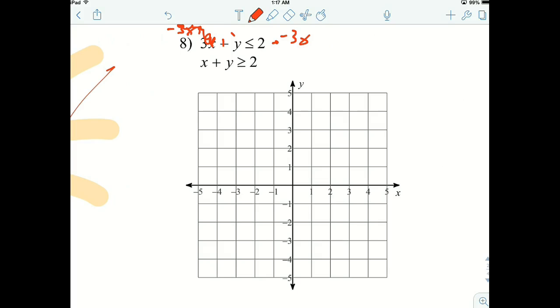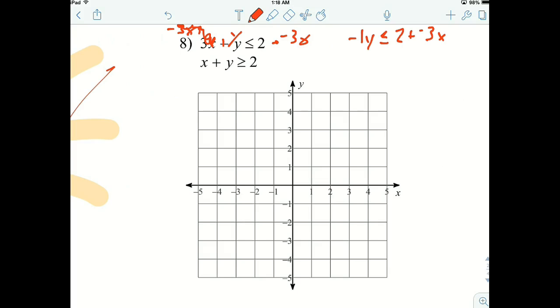Now remember, negative y is the same as negative 1y. So I'm going to rewrite this problem as negative 1y is less than or equal to 2 plus negative 3x. When I want to get y alone, I need to either multiply or divide everything by negative 1.